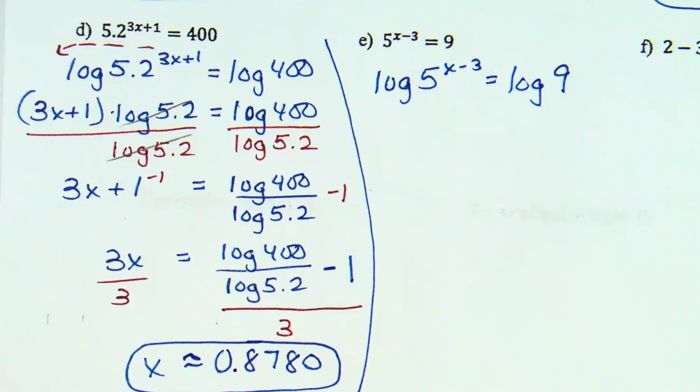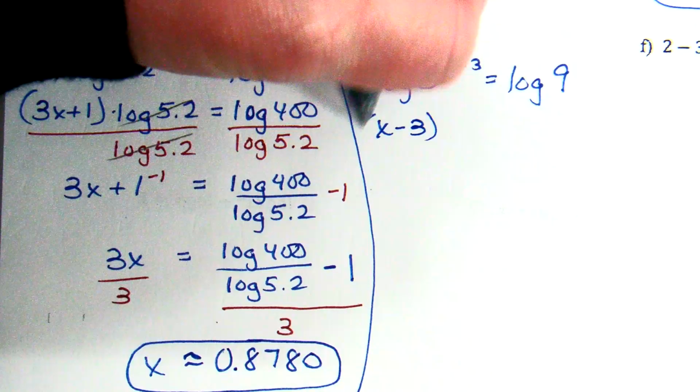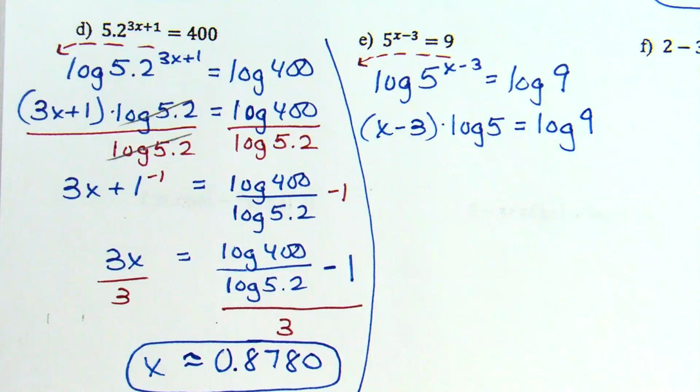What do I do here? Power property says I can take that power and pull it out front. Remember to put it in parentheses when you do that. X minus 3 times log of 5 equals log of 9.